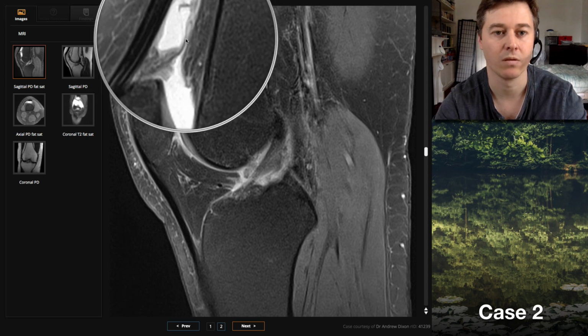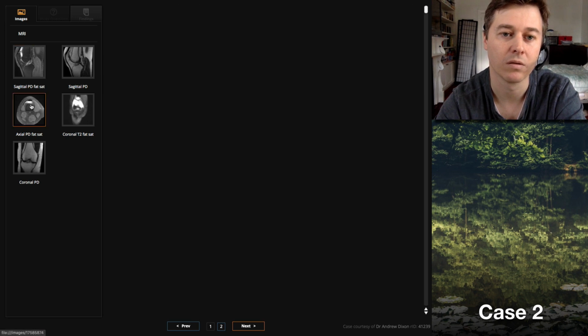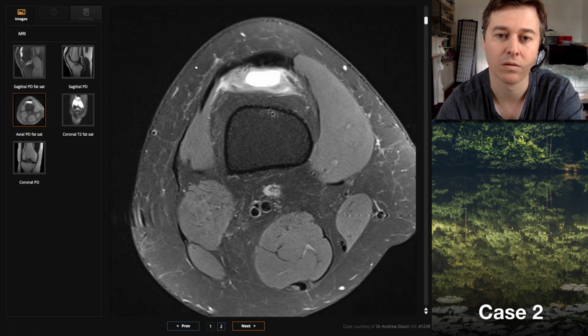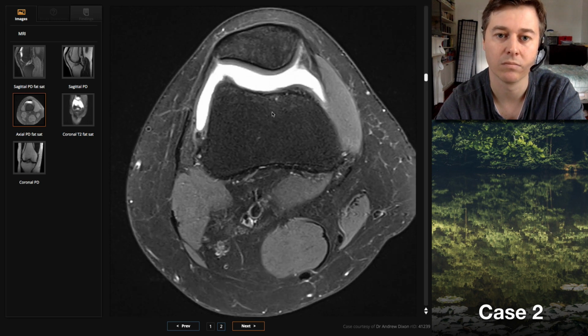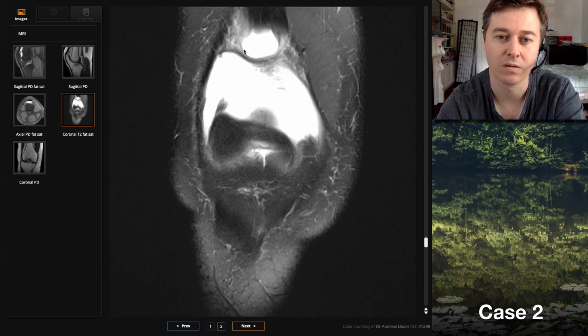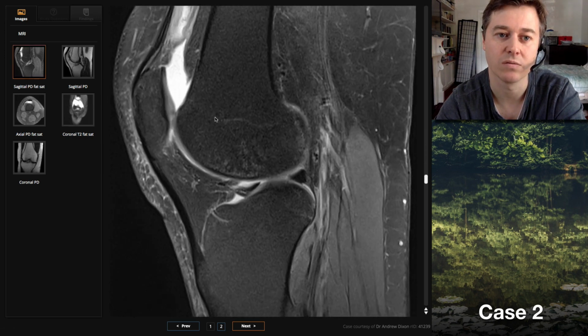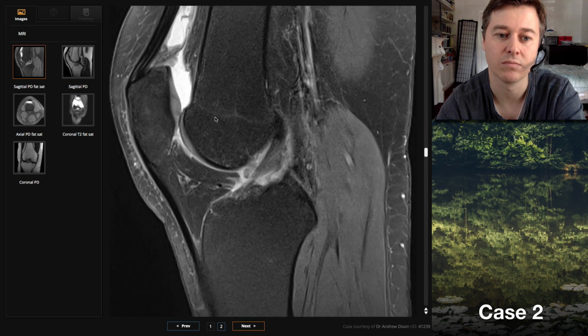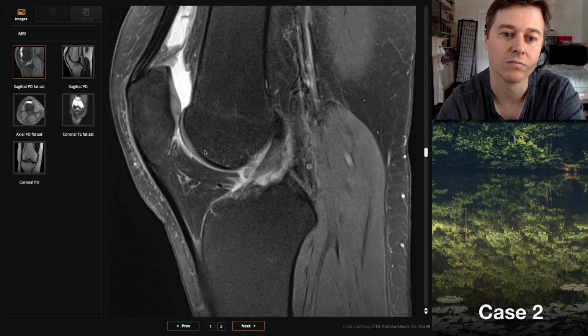The quadriceps and patellar tendons are intact, which is also well seen on the coronals, superior to the patella, extending from medial to lateral. There's a small amount of prepatellar edema. No high signal in Hoffa's fat pad.